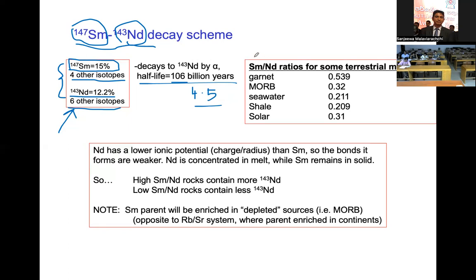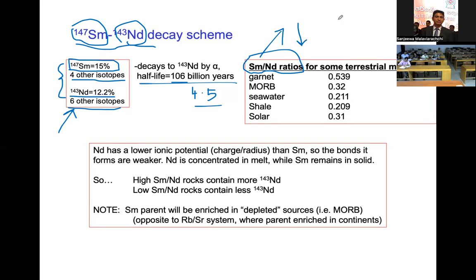Some of the samarium-neodymium ratios. This ratio is important because this is the one that determines how depleted or how enriched your product is, right? Because if you have a lesser amount of samarium, definitely you will have a lesser amount of neodymium. Therefore, you will have a depleted isotopic composition in your rock, right?